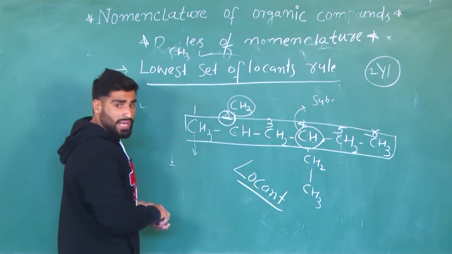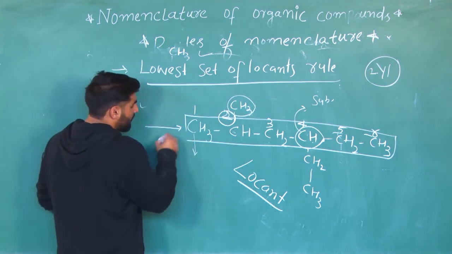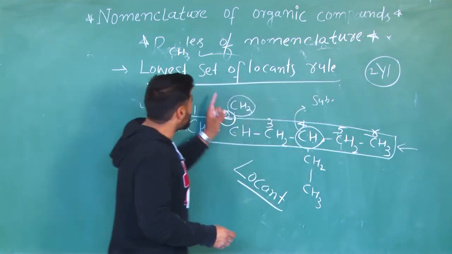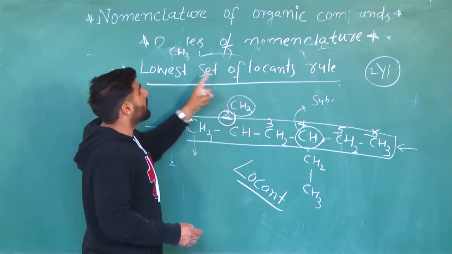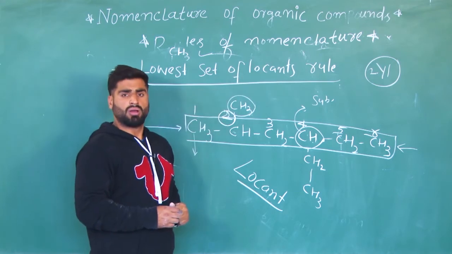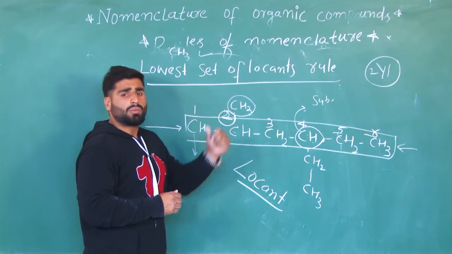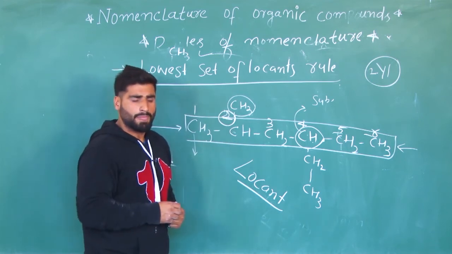Now I have two ways: either I number it from this side or from this side. So which rule will I use? The lowest set of locants rule. What does this rule say? Very simple.